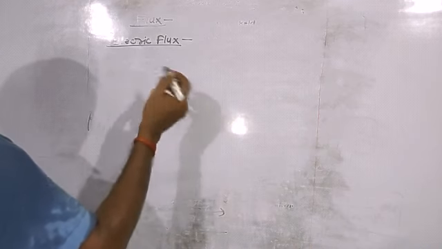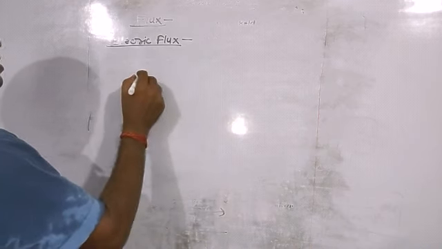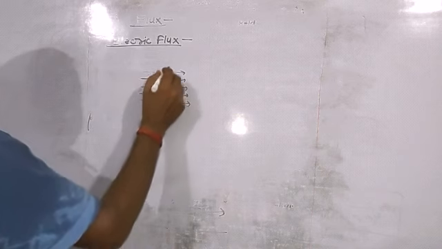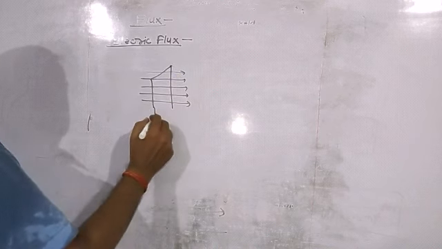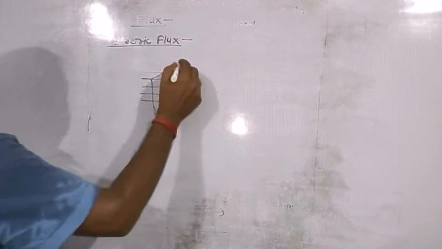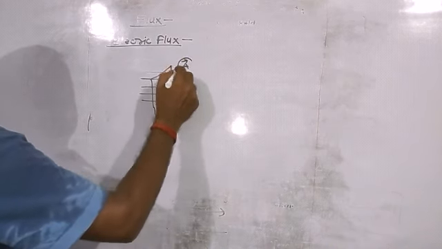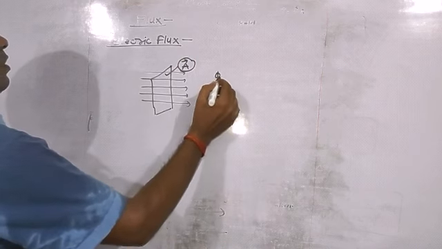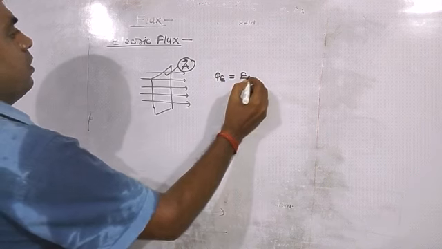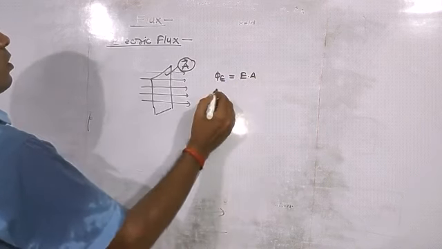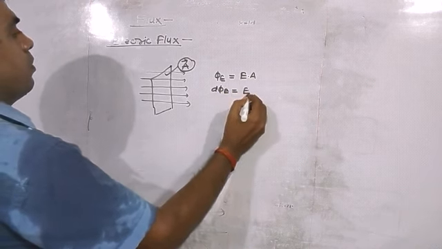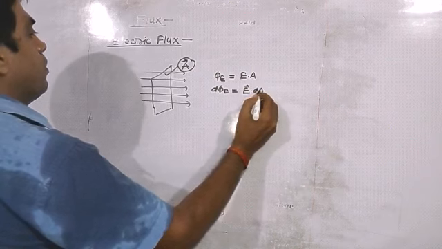So if we consider the number of electric field lines crossing through any surface area A, that will be considered the electric flux. Here area A is also a vector quantity, so electric flux is written as phi E equals E A, or it may also be written as d phi E equals E dot dA.